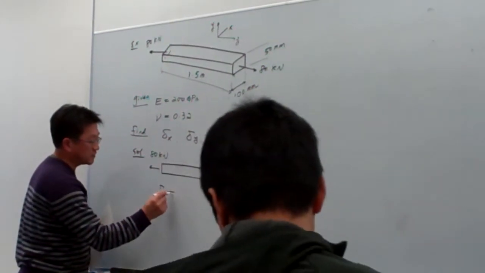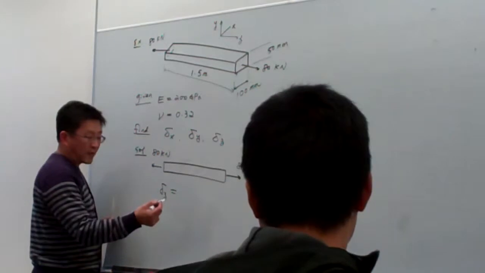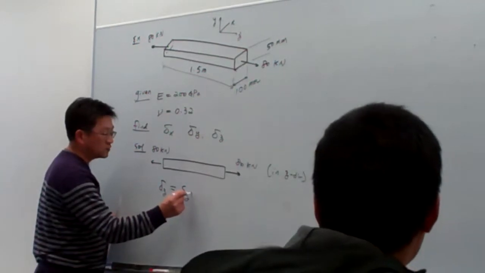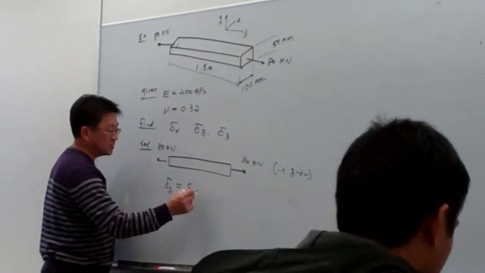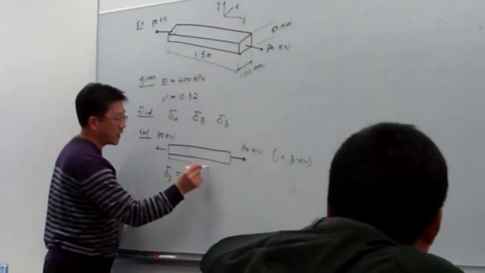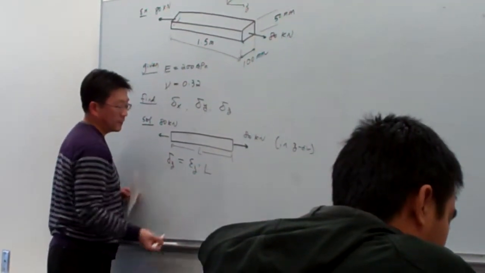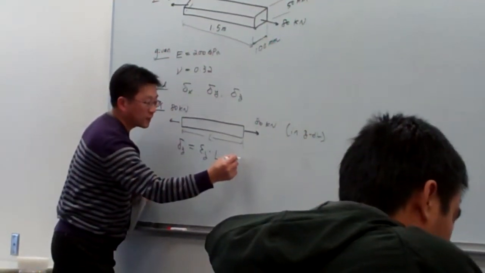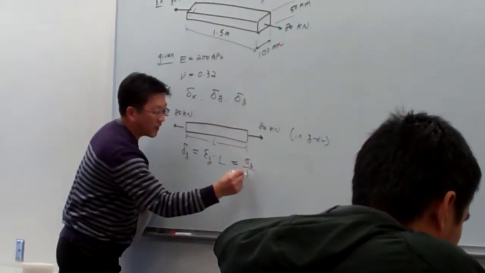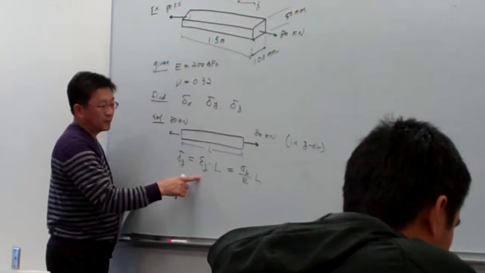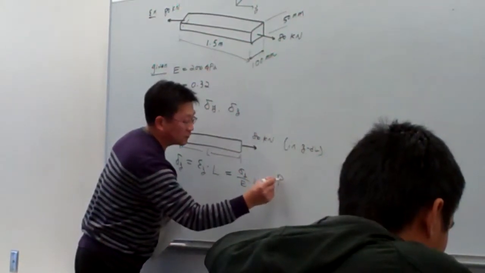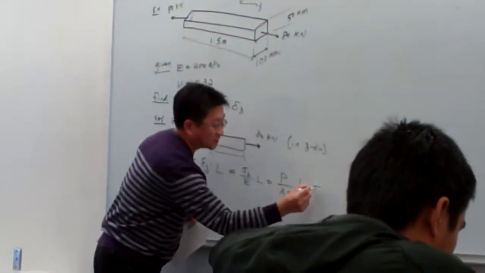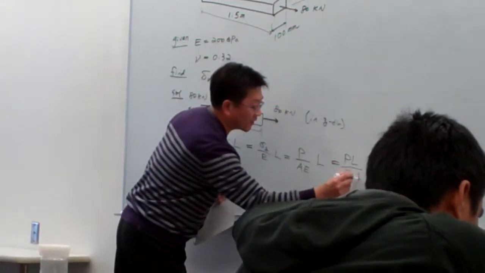The deformation in the Z direction is a formula we know: the deformation equals the strain multiplied with the dimension in Z, and let me call this L equal to 1.5. The strain in Z equals stress divided by E, and stress equals P divided by A. So basically this is the PL over EA we are familiar with.